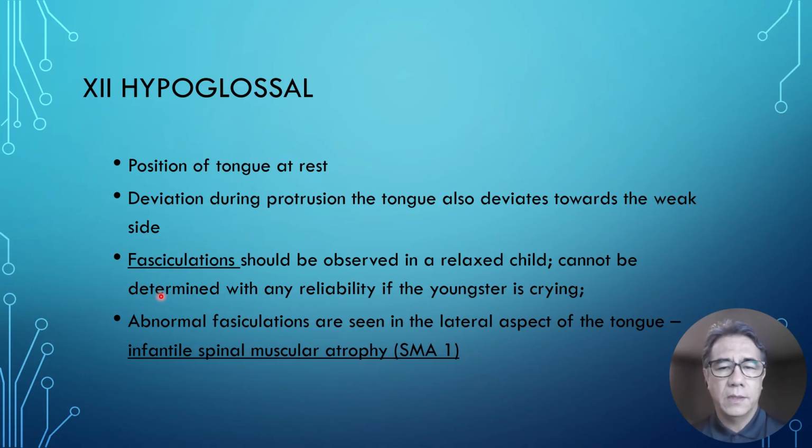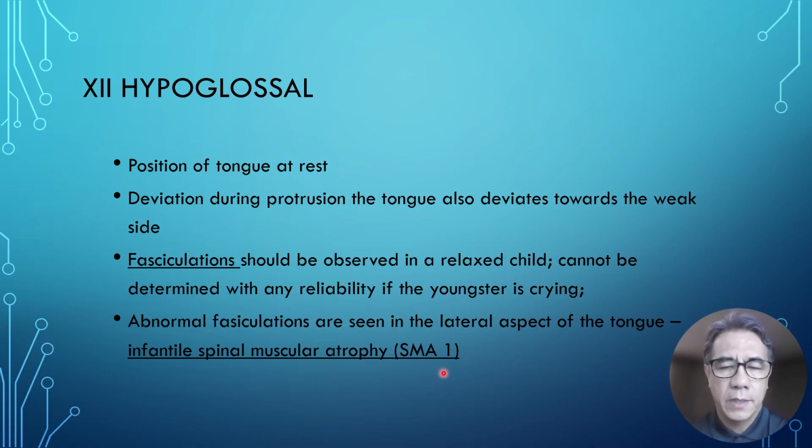Fasciculation should be observed in a relaxed child and should not be determined if the child is crying, especially if it's vigorous crying, then you would actually see fasciculations on the dorsum of the tongue.